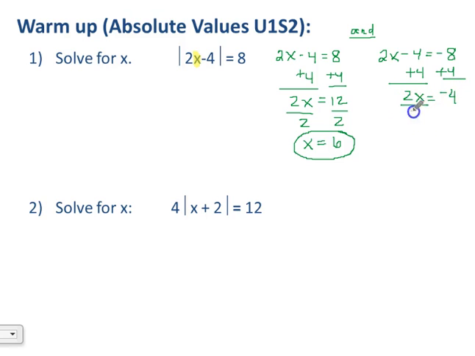And then we're going to divide each side by 2, and we get x equals negative 4 divided by positive 2 is negative 2. So these are both our answers. x can equal 6, and x can equal negative 2. So there's 2 different answers that we've got.